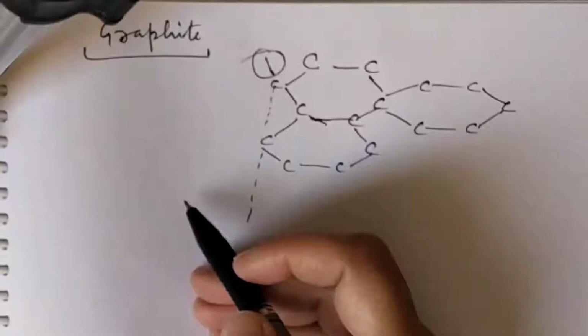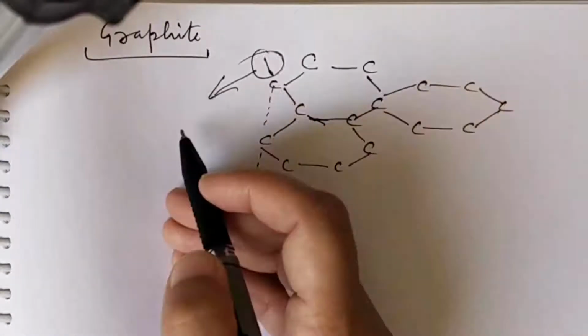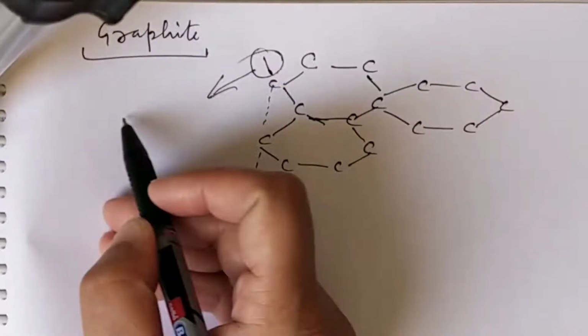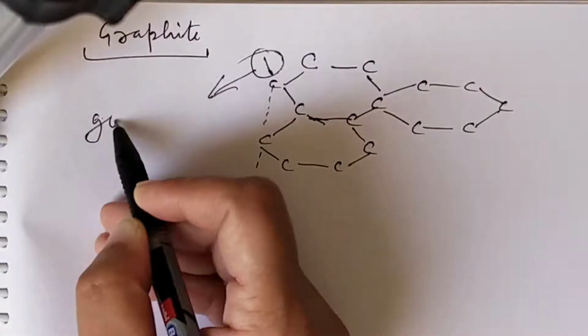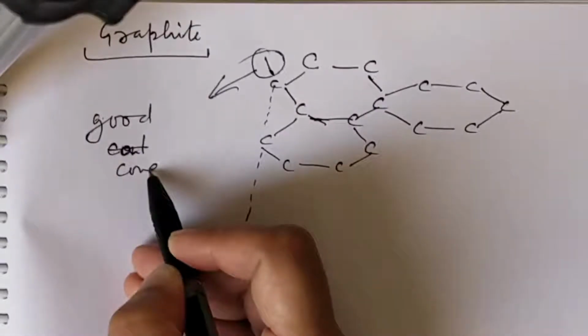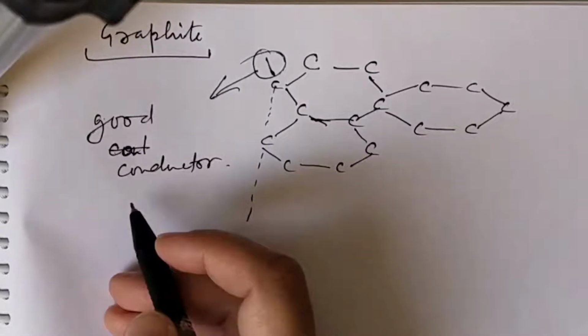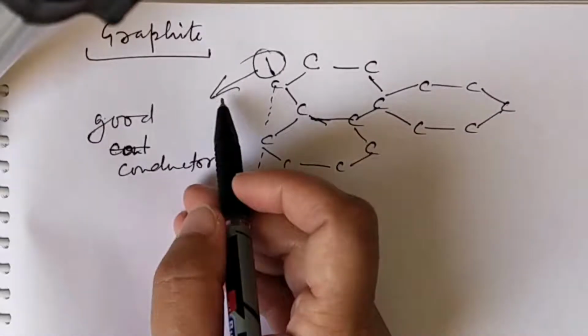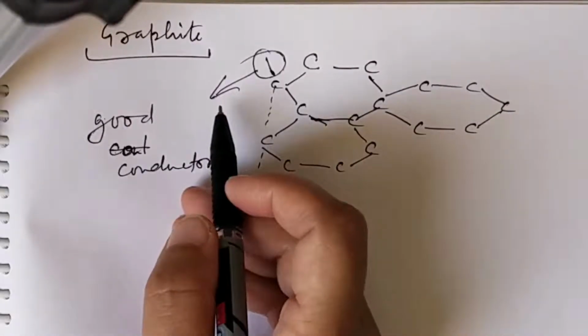If a valency is free, then the free valency is responsible for good conduction of electricity. It will be a good conductor of electricity, okay, because free valency is there.